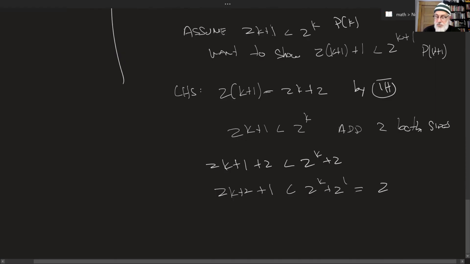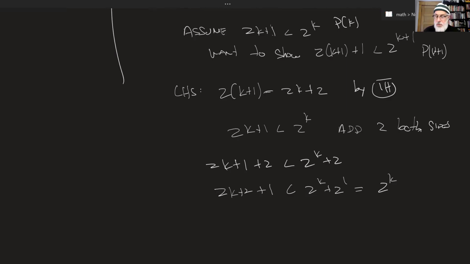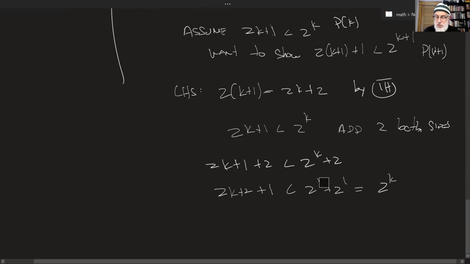And what is 2^k plus 2 to the 1? Well, I don't need to necessarily do that, do I? This is just 2^k plus 1.